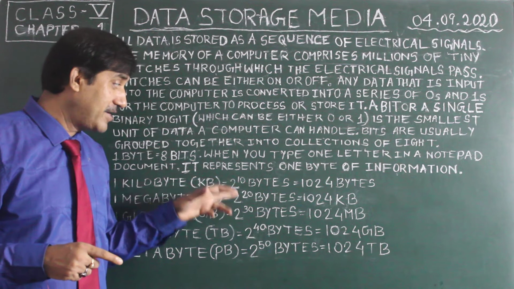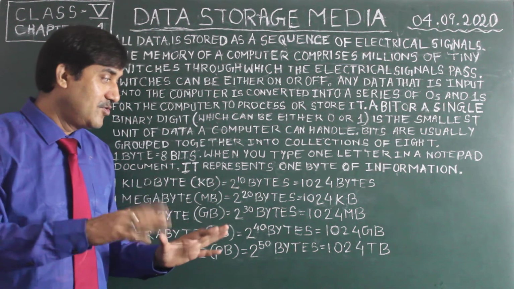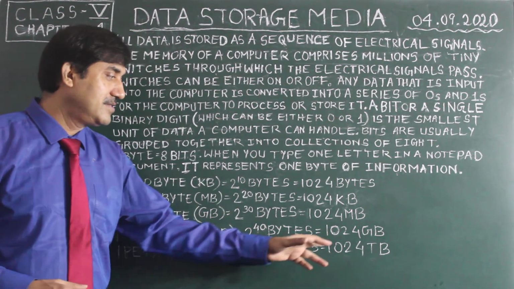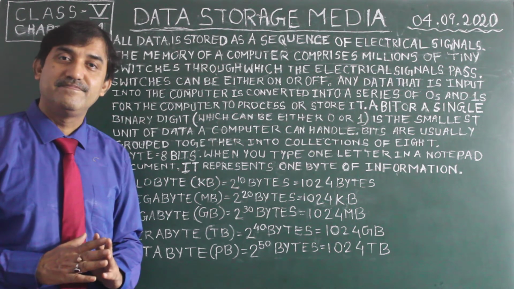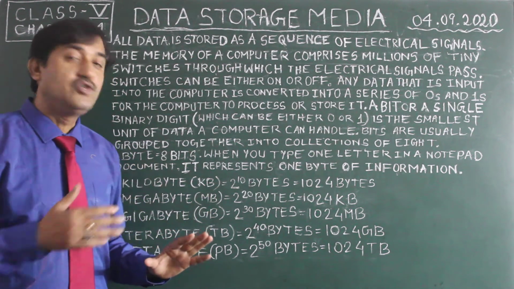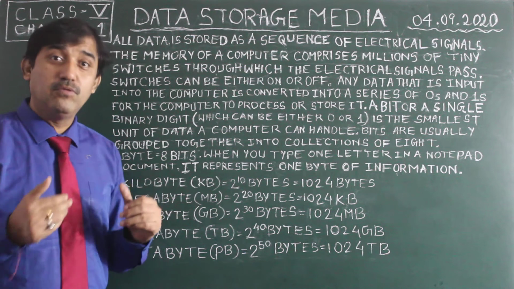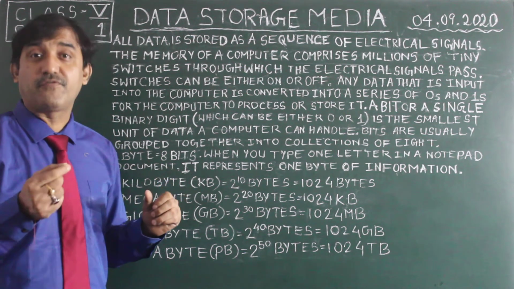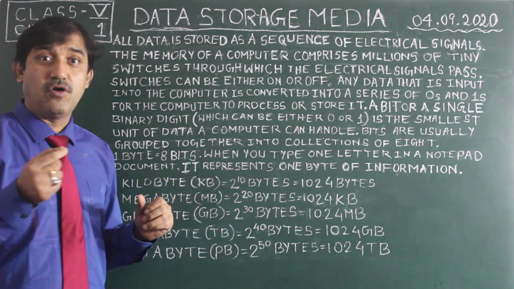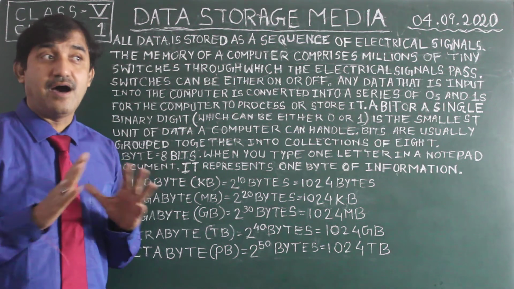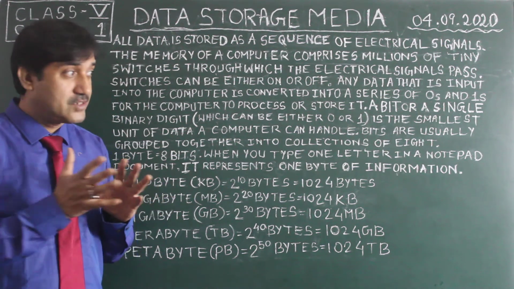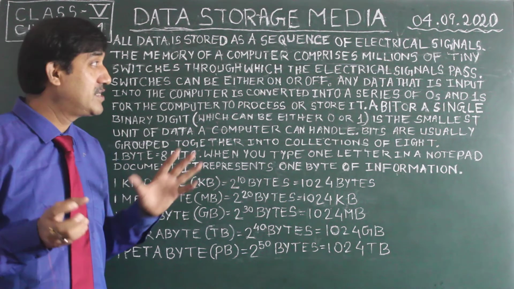So see, the order increases 10, 20, 30, 40, 50. So these are the units by which computer software or a group of instructions are measured and stored.